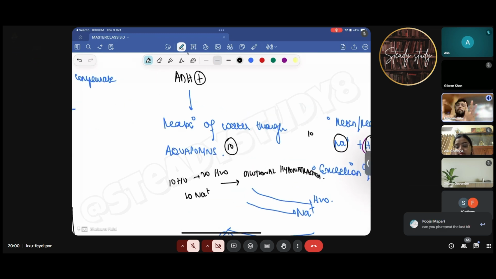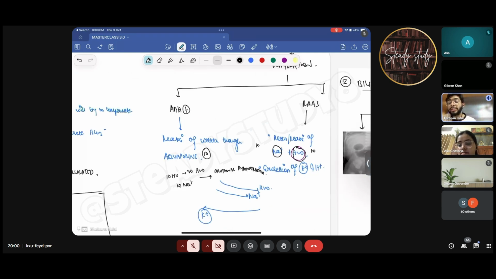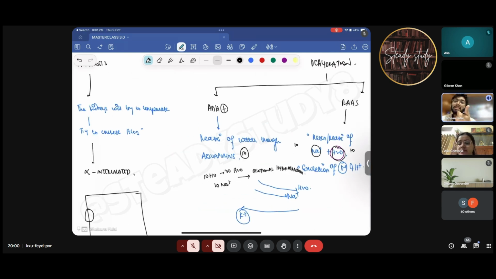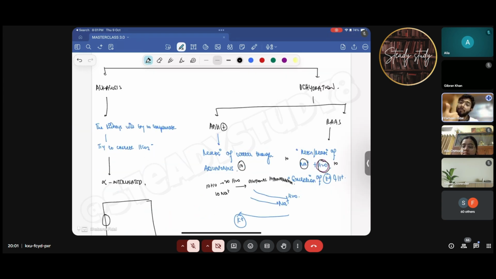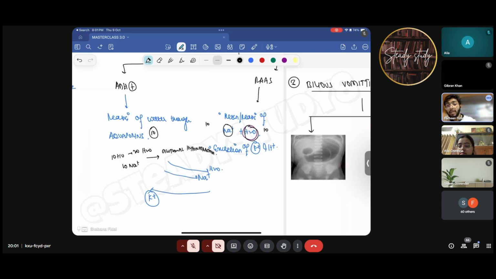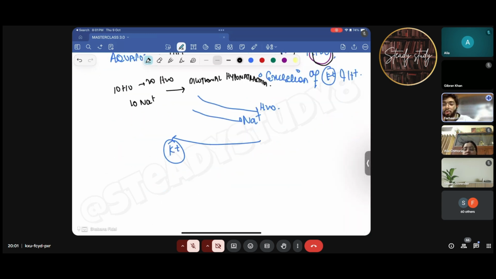So my patient was dehydrated. In order to counteract that dehydration, I activated two things, RAS and ADH. What RAS did is reabsorption of sodium and water and excretion of potassium and hydrogen. Why? Because in your kidney, wherever sodium goes, water follows. So if I want to pull 10 sodium inside, I need to give 10 potassium outside.